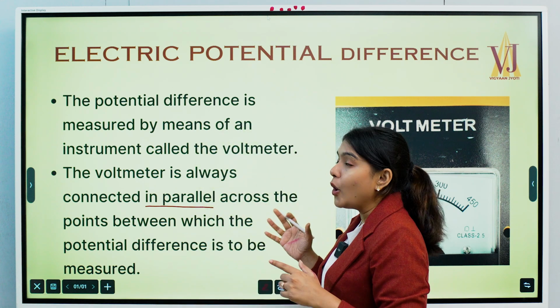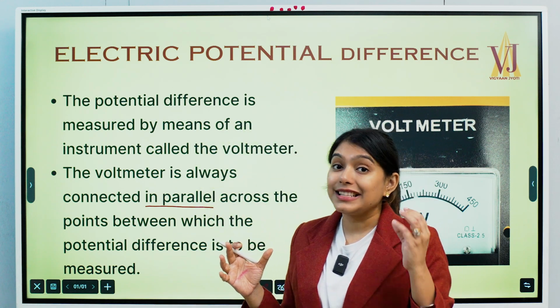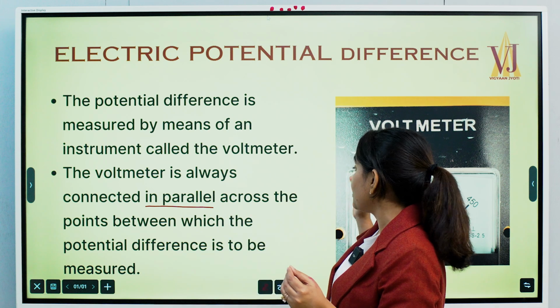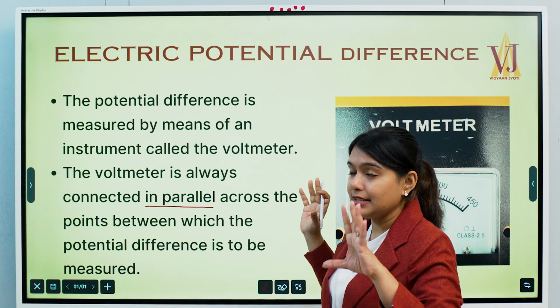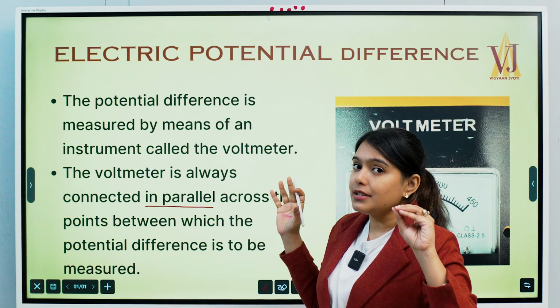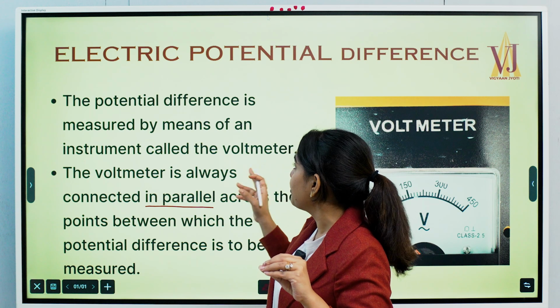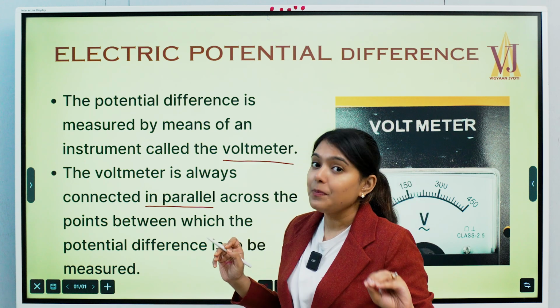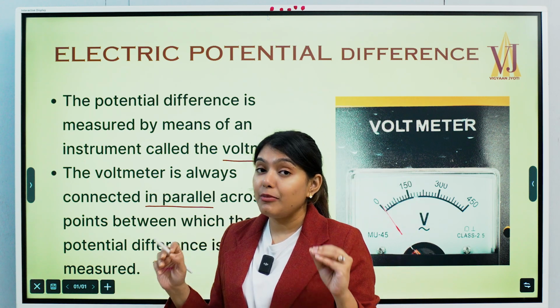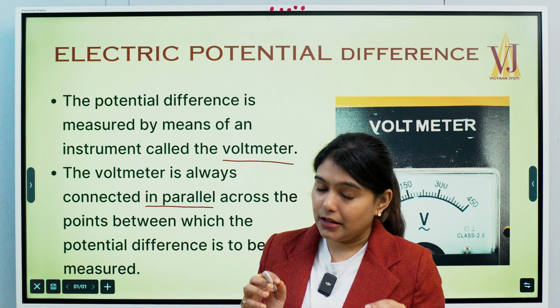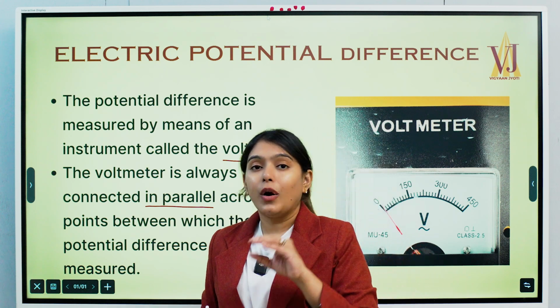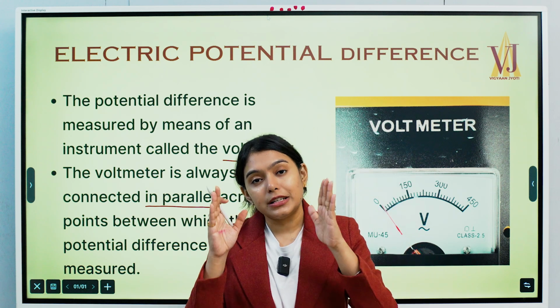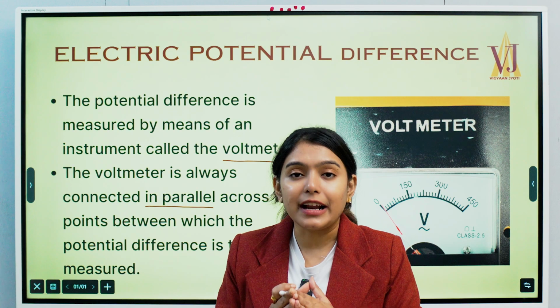There's another concept that we will be covering, that is resistance. So once again, the apparatus to measure this potential difference is the voltmeter. This is clear. Next, when we connect this voltmeter into this electrical circuit, we connect it in parallel. Why do we connect it in parallel?